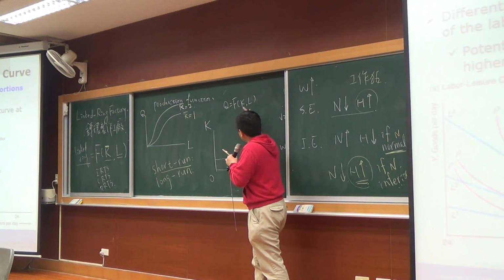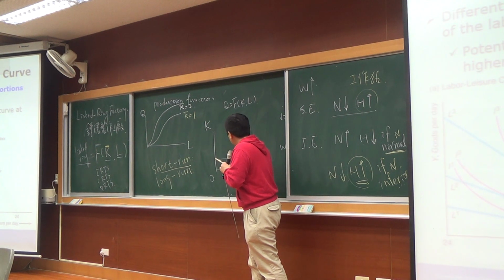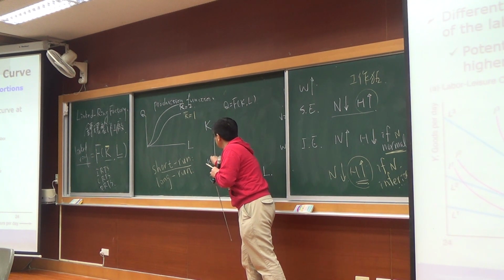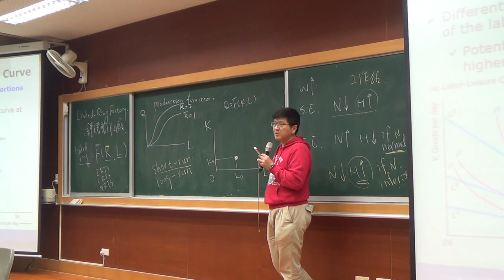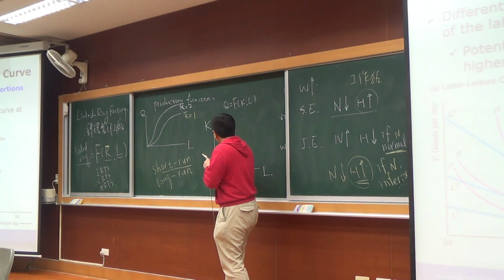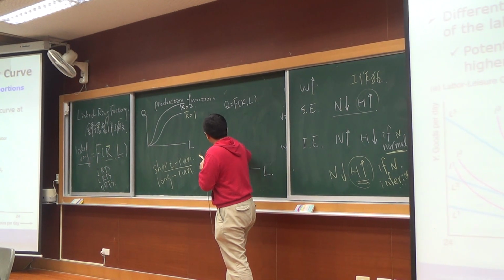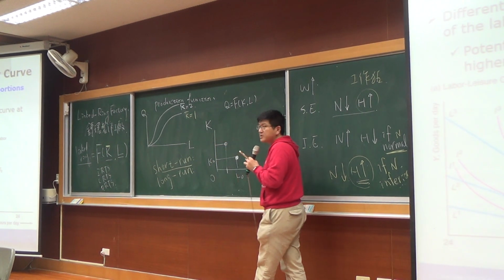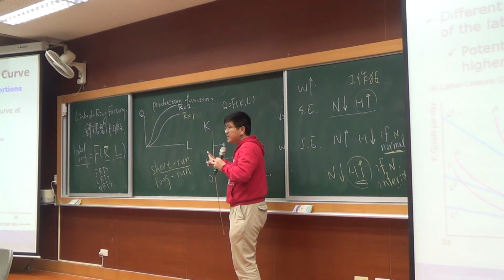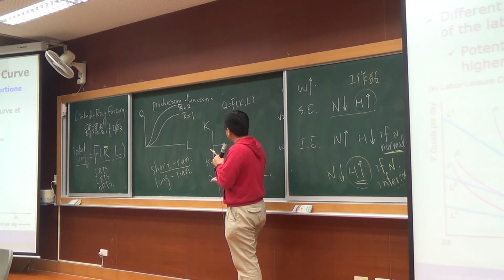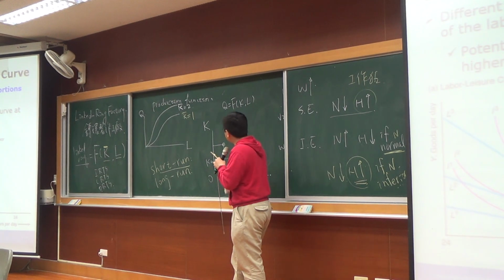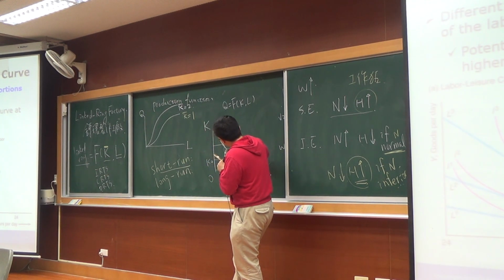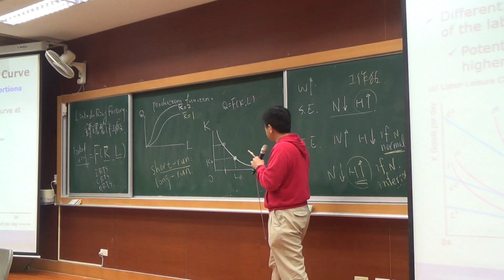So with a certain labor and capital, we may make something, we call it, say, Q0. And probably another combination of inputs may also produce the same amount of output. Then we connect all points.